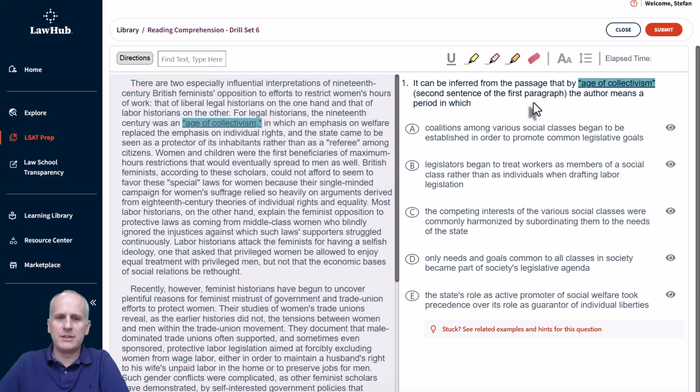And as always, we're going to engage the passage first, irrespective of the question, to get an overall main idea understanding of the content. But do recognize that in the drill sets, unlike the actual prep tests, you won't have the ability to go to a passage only view.